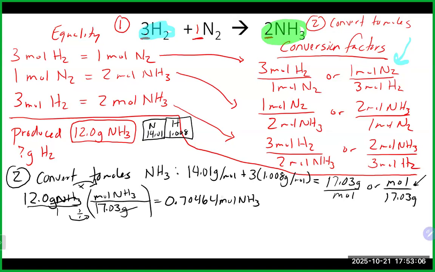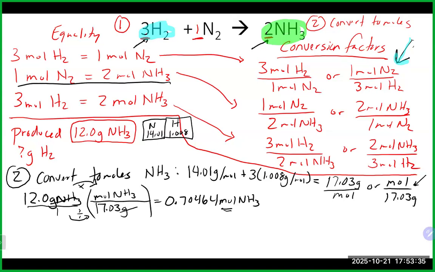Now that we have our number in moles, we can use our relationships to go from moles of NH3 to moles of H2. That is the bridge that allows us to convert from one to the next. We go to the equation, and as I highlighted here, 2 moles of NH3 gives us 3 moles of H2.